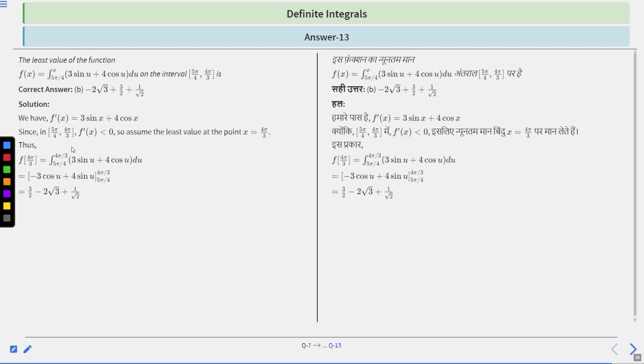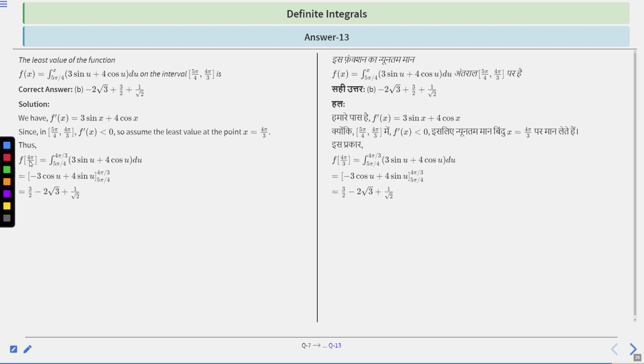Therefore, since it is a decreasing function in the interval 5 pi by 4 to 4 pi by 3, at x equal to 5 pi by 4 the function will take maximum value, and at x equal to 4 pi by 3 the function will take minimum value. So the least value is at x equal to 4 pi by 3.